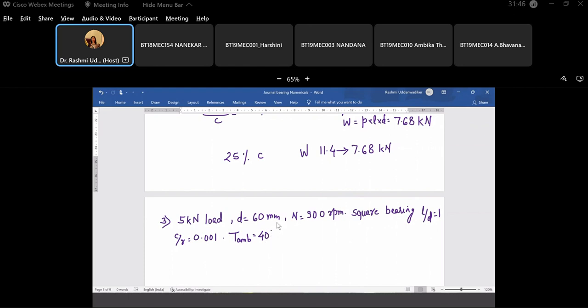And same is there with the other problem also. If the maximum allowable oil temperature is 85 degrees, suggest suitable oil. Suggest suitable oil, which means we have to suggest which SAE grade of oil is used, which also means we have to find out the value of Z, viscosity.